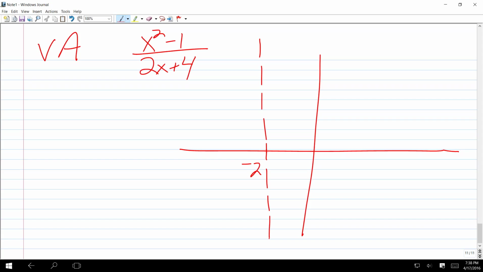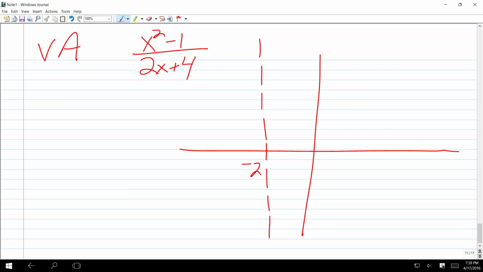Now, when we're to the right, the numerator blows up. The full question was, describe the behavior left and right of the asymptotes.